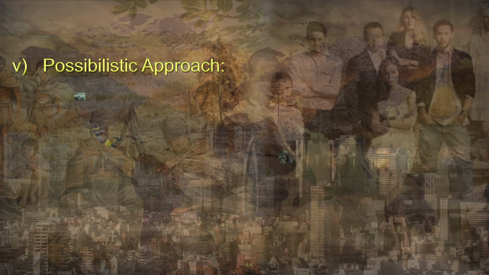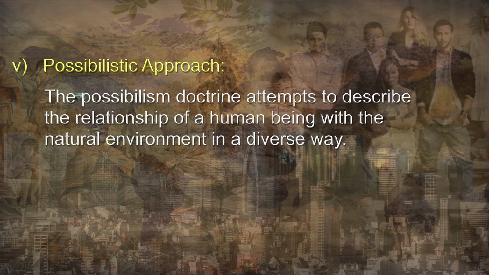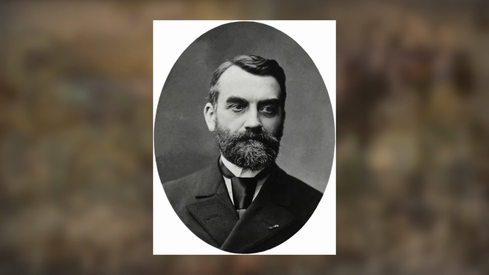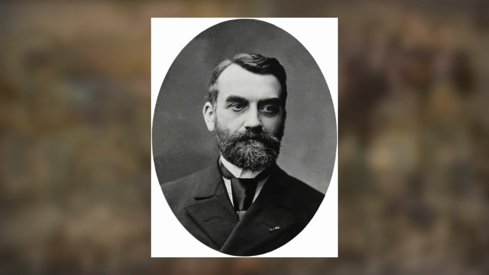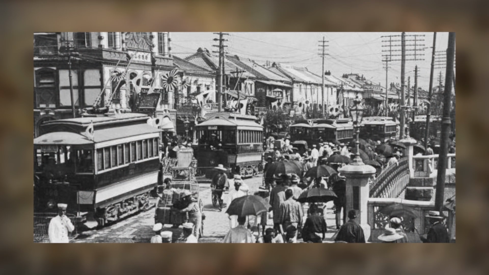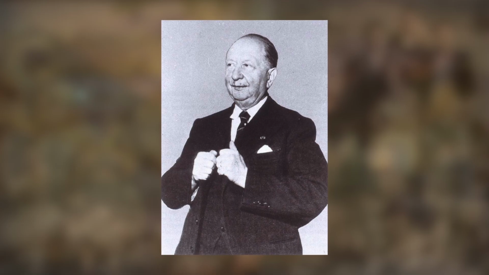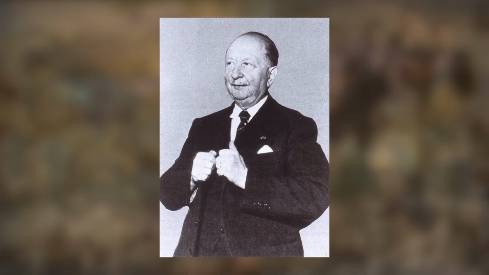Possibilistic approach. The possibilism doctrine attempts to describe the relationship of a human being with the natural environment in a diverse way. The concept was first developed by Blache during the early 20th century, but the term possibilism was first coined by Febvre in 1932, who is a French scholar.